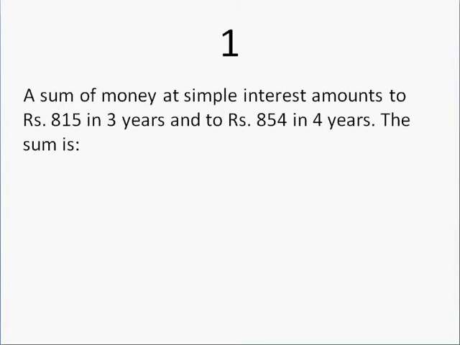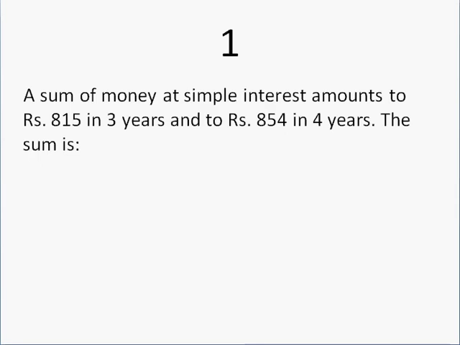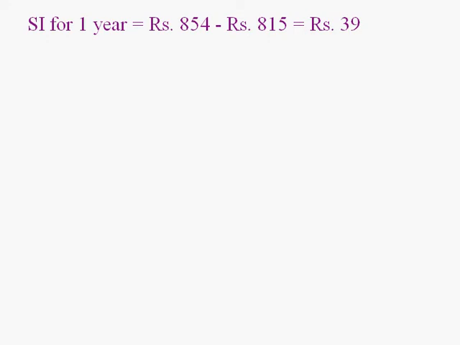When we subtract them, we get rupees 39. Understood? Now we know the 3 years interest and the sum of money at the end of 3 years and at the end of 4 years. So we can use either 3 years or 4 years to calculate the principal. Here we'll use 3 years. You can try with the other also, the answer will remain the same.